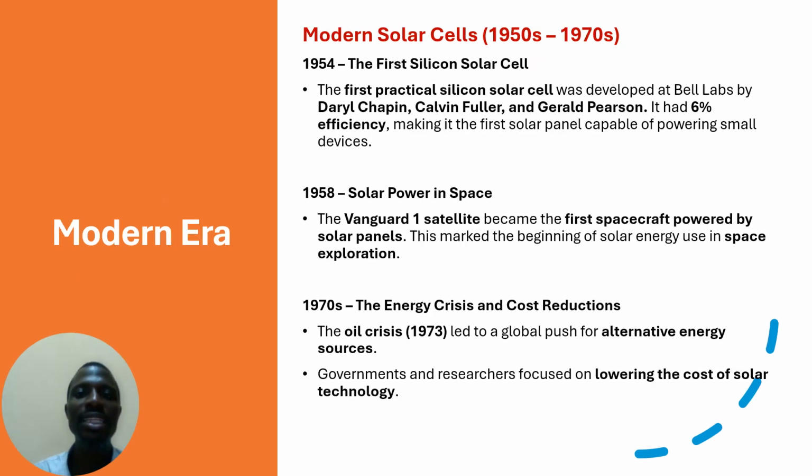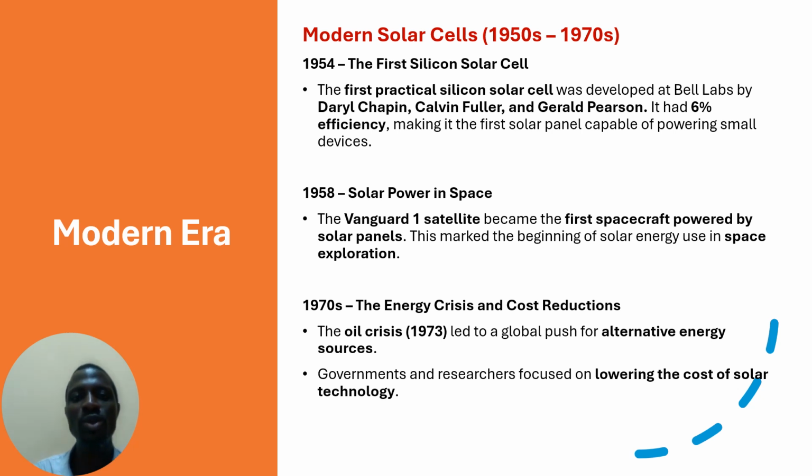The modern era started in the 1950s to 1970s, and it was marked by the discovery of the first silicon solar cell. The first practical silicon solar cell was developed at Bell Laboratories by Chapin, Fuller and Pearson in 1954.